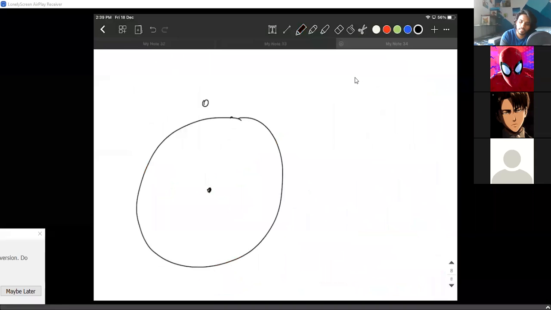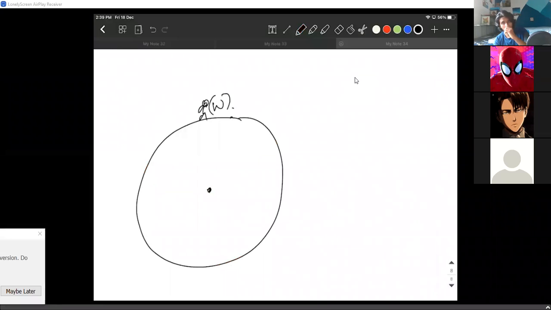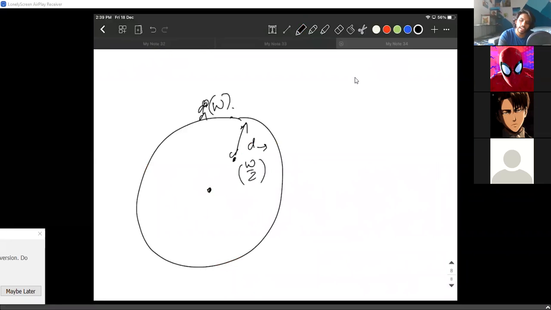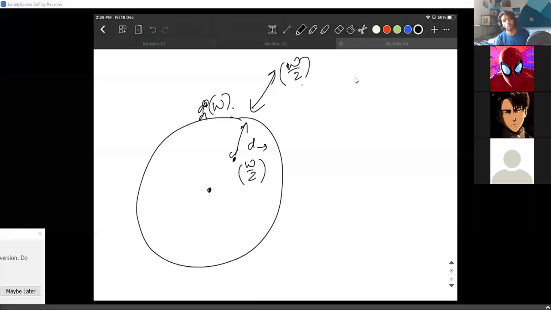A man weighs W at the surface. At what depth does he weigh only W by 2? At what height does he weigh only W by 2? This is the question. His mass is not changing.